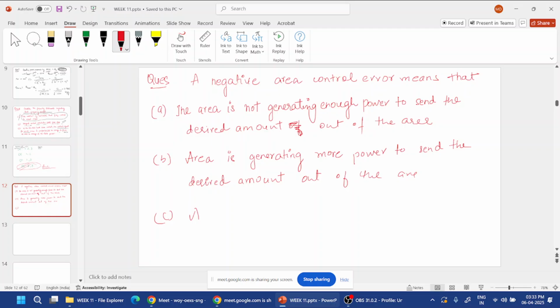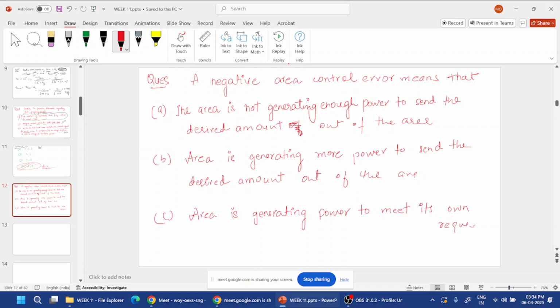C, the area is generating power to meet its own requirement.